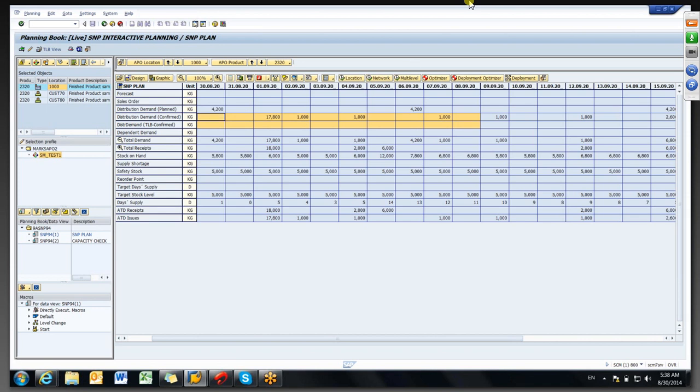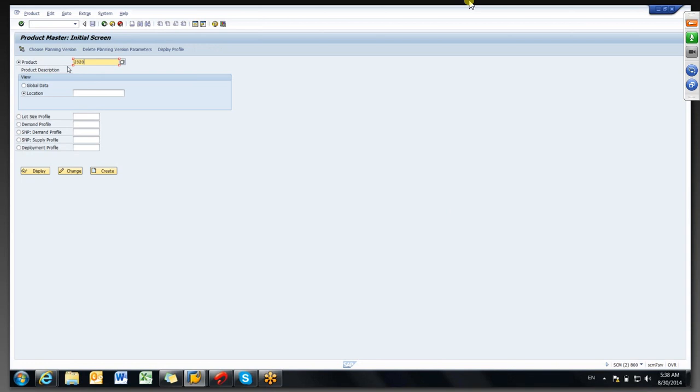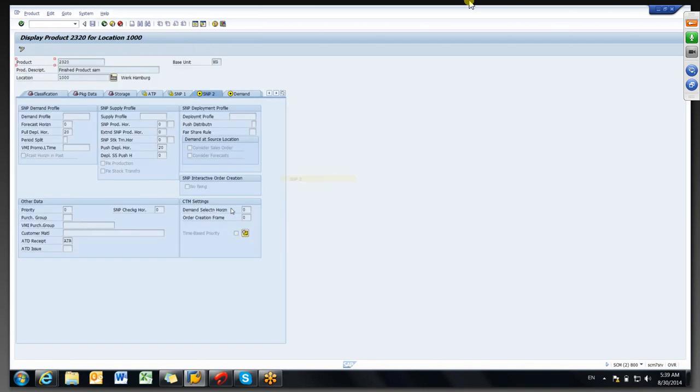For the deployment, the settings we discussed here are pull horizon, push horizon, and then ATD receipts.